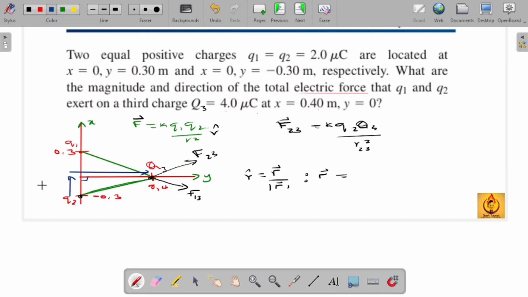So your vector would be, sorry, in fact, your vector is the positive 0.4 in the x. Okay, why am I getting confused when it gets here? Is it positive or negative, vector-wise? Isn't it negative?